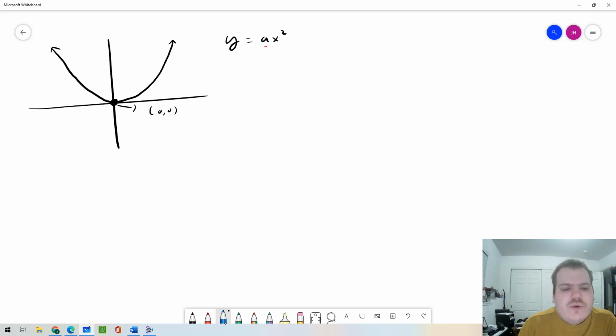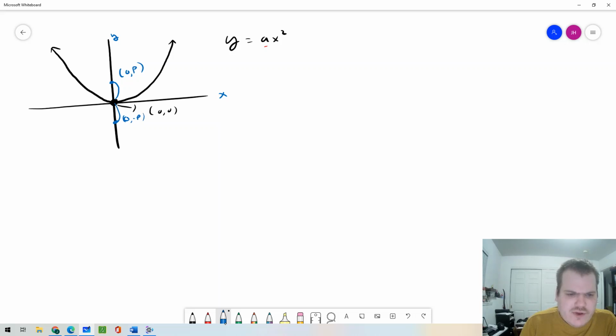Now, the distance from your vertex to your focus is defined as p. So if I move up p, and this is x and this is y, the y value is going to be changing by p. So this point here is going to be (0, p). And then down here, the directrix is a line, not a point. So if I move down here, this would be the point (0, -p).